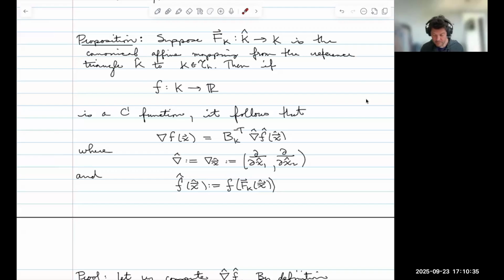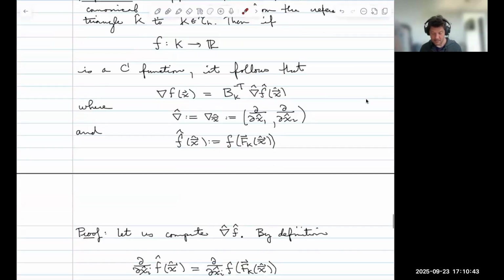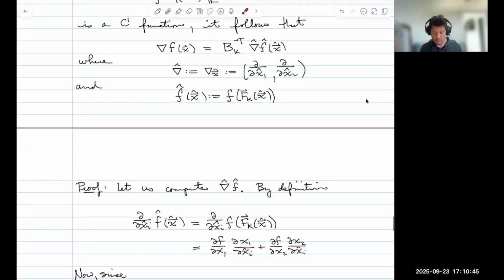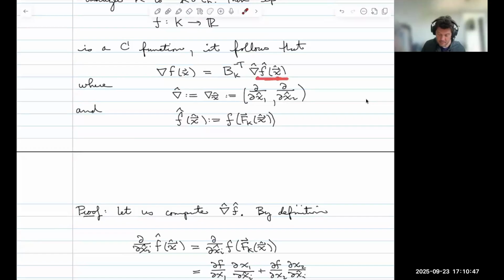All right, so this just means the gradient in the coordinates of the reference triangle, the hat coordinates. And what do we mean by f hat of x hat? Well, that's just defined as f composed with the mapping F_K.